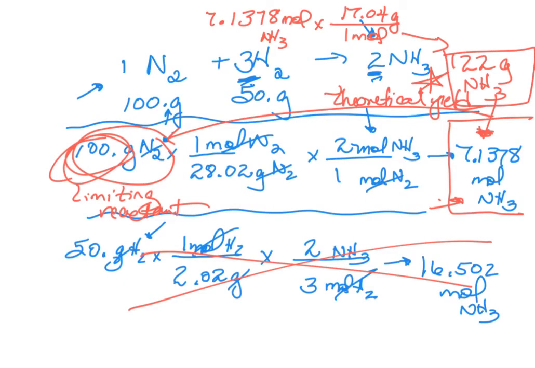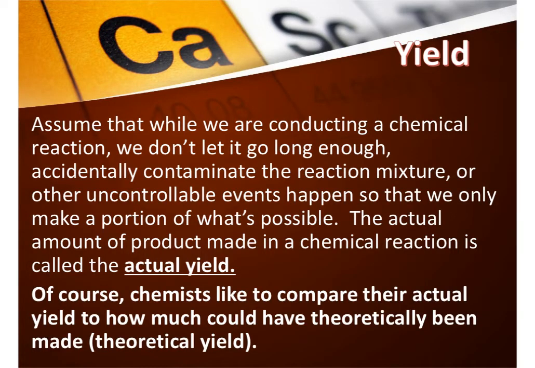All right. We've talked about theoretical yield quite a bit, but it turns out there are 3 different types of yield. There is theoretical yield, which is the calculated amount that the limiting reactant can make. There is actual yield, which is what the chemist actually makes in the lab.